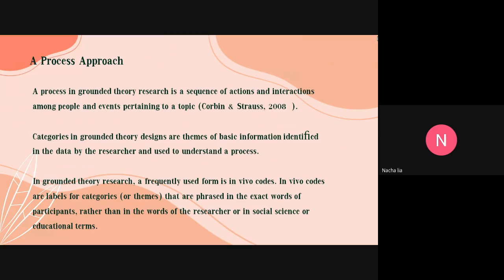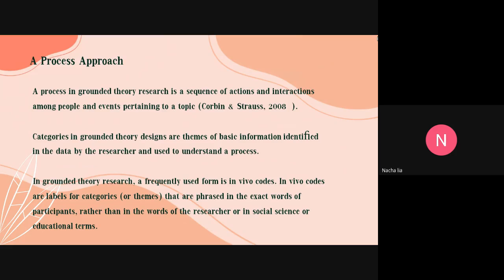For the first one, a process approach, a process in grounded theory research is a sequence of action and interaction among people and events pertaining to a topic, according to Corbin and Strauss, 2008. Categories in grounded theory designs are terms of basic information identified in the data by the researchers and used to understand a process.